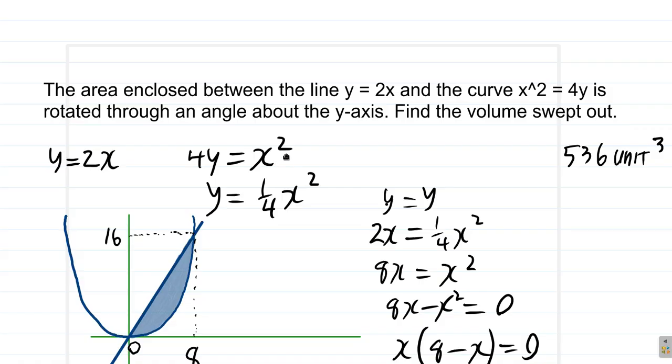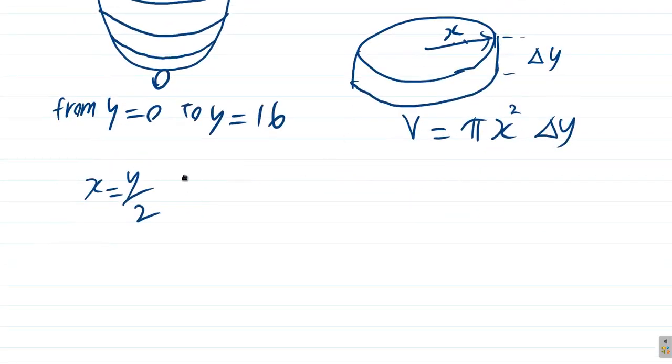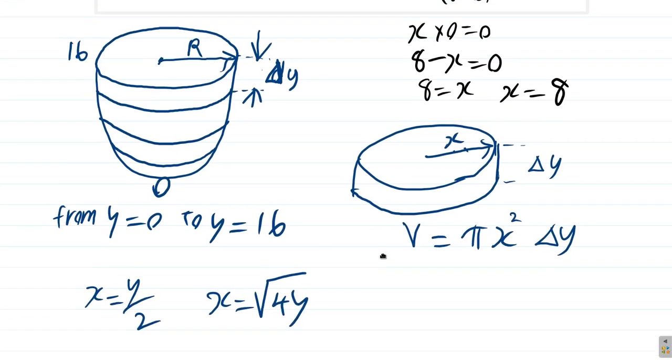So you would have x equals the square root of 4y, which is the same as 2 square root of y. Right? But let's keep it as the square root of 4y for now.